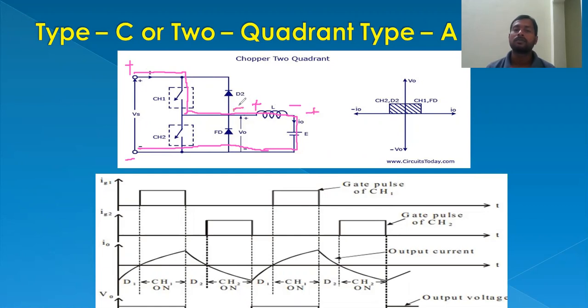With respect to this, we should look at positive and negative. This is the voltage positive and current also in this direction. So I am treating the direction of the current as positive. So that is the first coordinate.